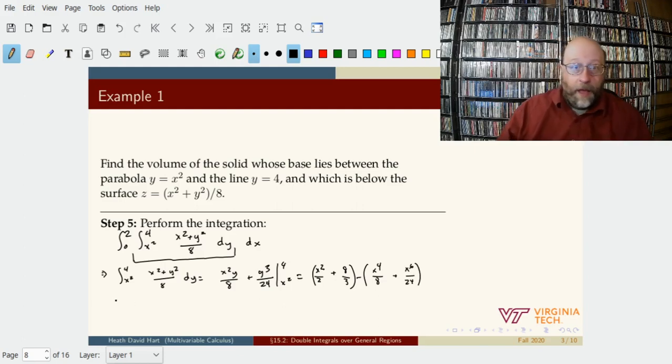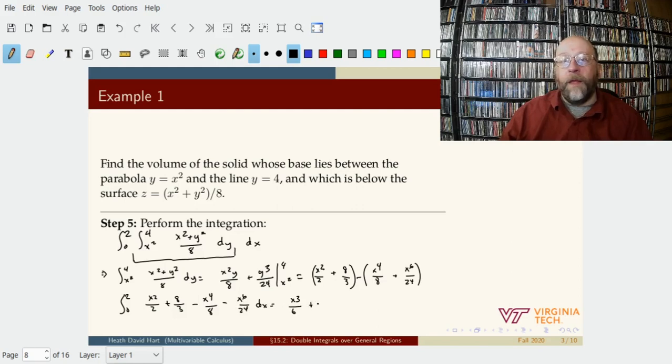All right, now we integrate that from 0 to 2. x squared over 2 plus 8/3 minus x to the 4th over 8 minus x to the 6th over 24 dx is x cubed over 6 plus 8x over 3 minus x to the 5th over 40 minus x to the 7th over 168. Plug in 2 and plug in 0.